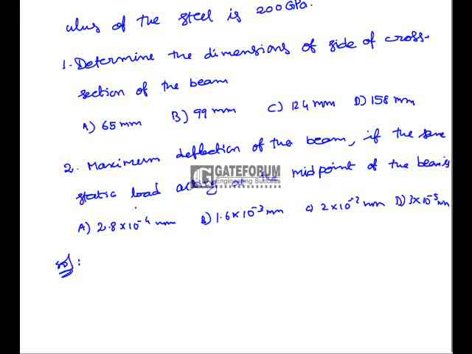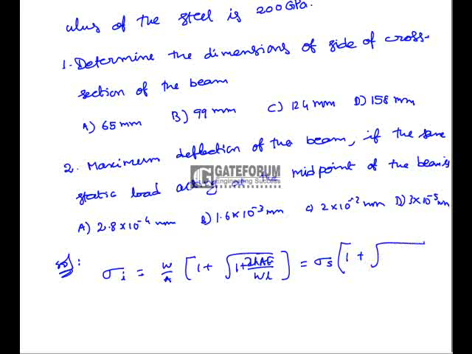We know that the impact stress is given by W by A into 1 plus root of 1 plus 2HAE by WL, or we can write it as sigma I equals sigma S into 1 plus root of 1 plus 2H by delta S. Here W by A is nothing but the static stress induced in the beam, sigma S, and WL by AE is nothing but the static deflection. So we can write this equation like this.